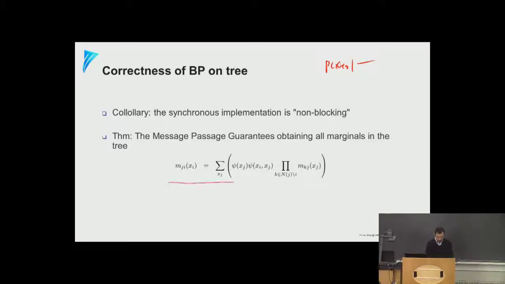Well, I'm not going to give you a proof, but you can show to yourself that the very way we define this message passing based on the elimination algorithm is already giving you a proof that it is the right way to do variable elimination and get to a marginal distribution of a subset of random variables given evidence.